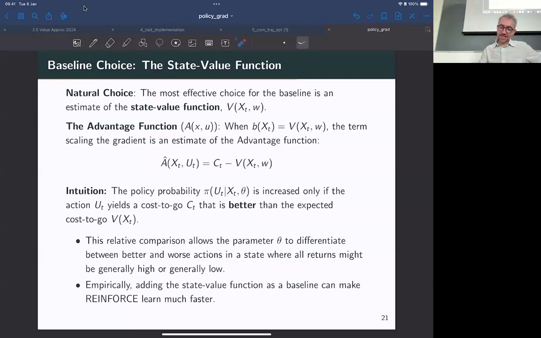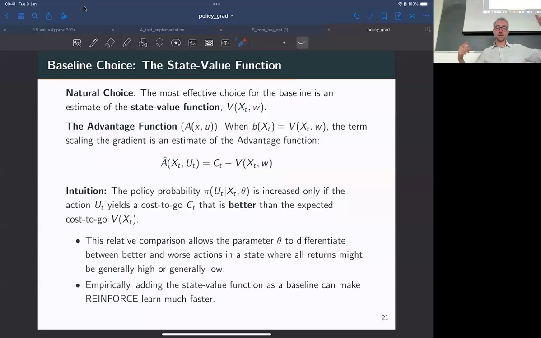I think I get what you mean. They are both correct. It's just that this one is going to be more efficient, so it's going to learn faster because we are basically reducing the variance of the estimate, and we are also normalizing a bit the values, because there might be states from which the total cost to go is generally very high, and other states where that's generally very small.